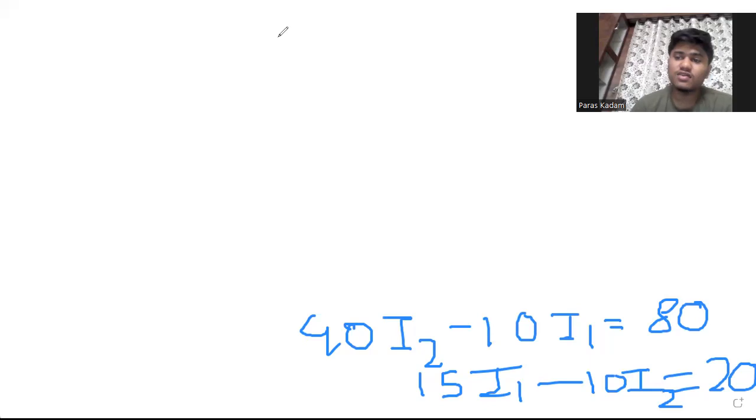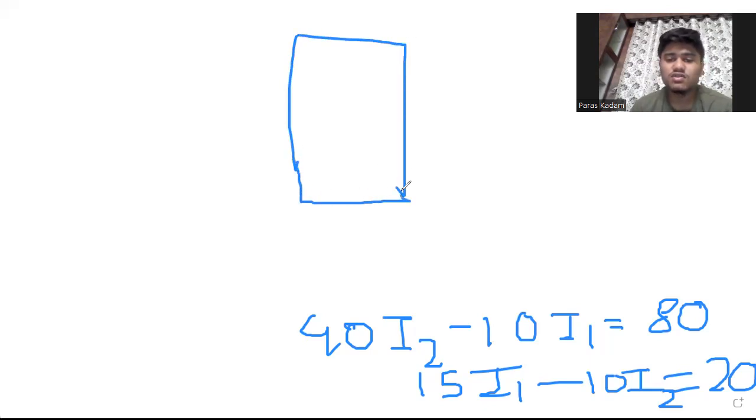In our scientific calculator, as I explained in my last video, you have to press the mode button. After pressing the mode button, you will get 8 options. You have to click on the fifth option, and there you will get equation.